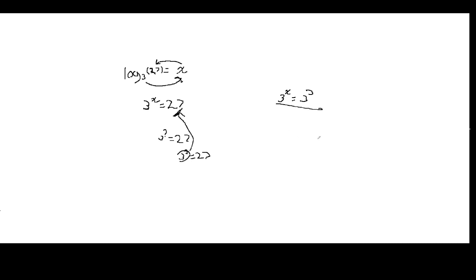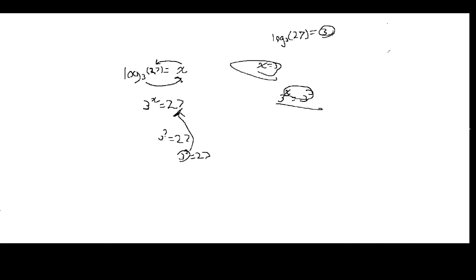And since the bases are the same, that means that these exponents are the same. So x equals 3, and that's our answer. So log base 3 of 27 equals 3. And that's your answer. And you can plug that into a calculator right now. I guarantee you it will be correct.